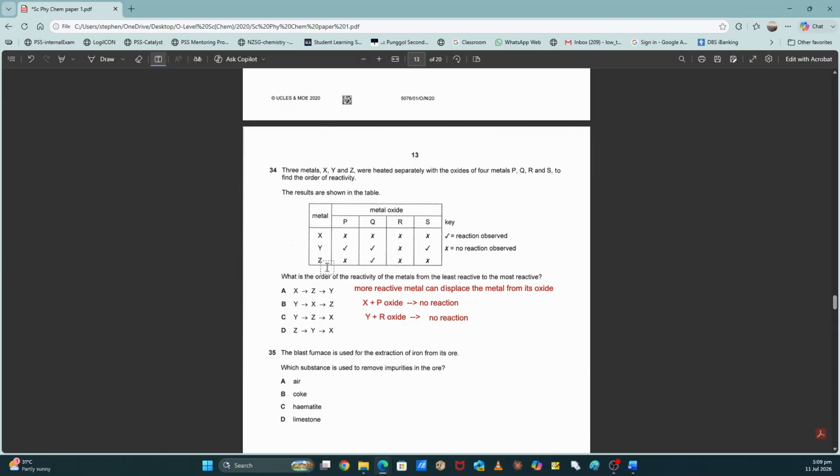Y can, so I can put something like that: Z is more powerful than X. Let me give another statement: X is very weak. Now let me see how about Z and Y. Y can displace P, Y can displace Q, Y cannot displace R, but Y can displace X.